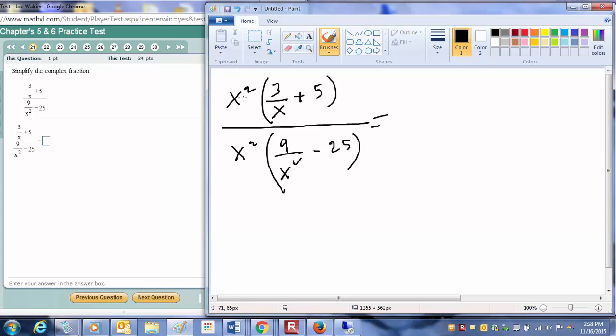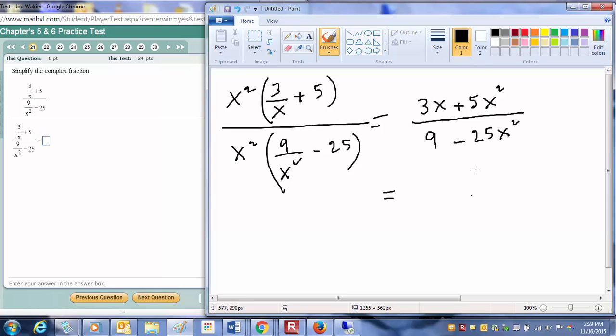So if you multiply x squared times 3 over x, x squared and x will cancel. We end up with x on the numerator here times 3 would be 3x. And x squared times 5 would be 5x squared. Denominator. x squared times 9 over x squared, the x squared and the x squared cancel, so we end up with 9 minus 25 times x squared.